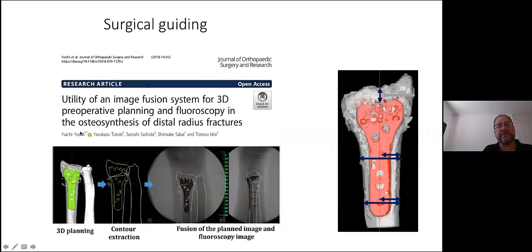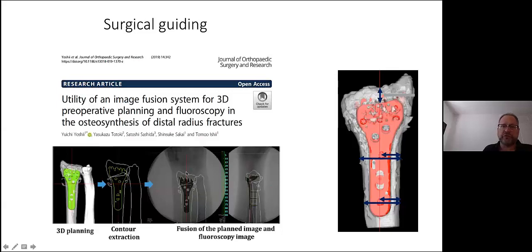This is another interesting idea. You do the planning and you have the contours and everything. This is for fracture. This is from last year, a paper I found interesting. You can do the planning in the computer almost as we did, but then you have the X-ray machine you use during surgery. You translate the outline, the contour, there.